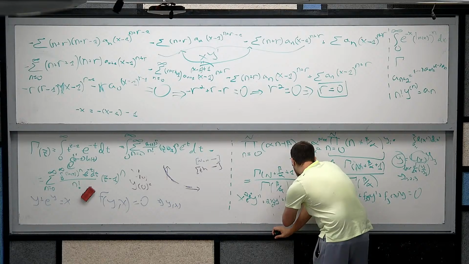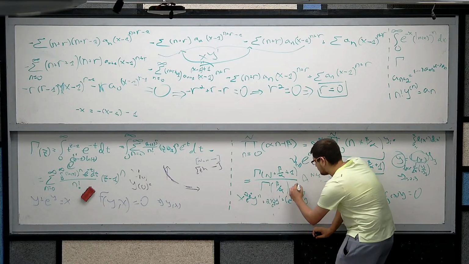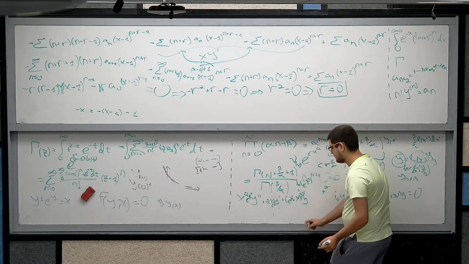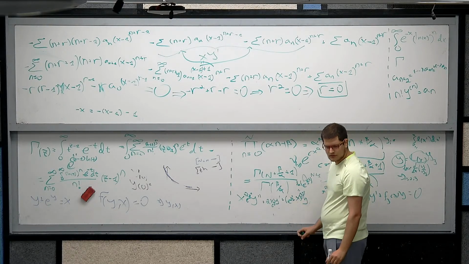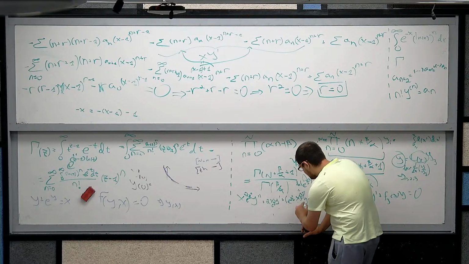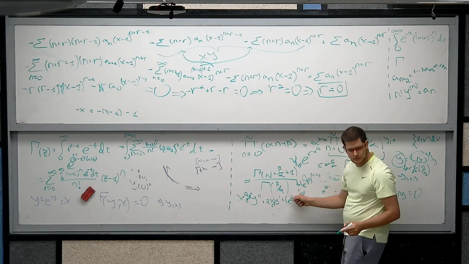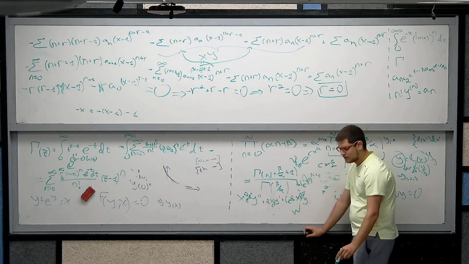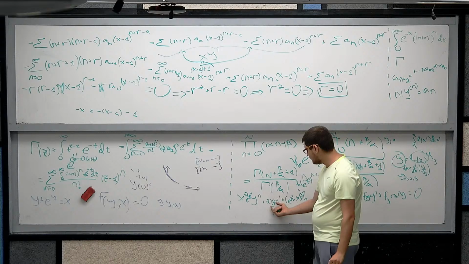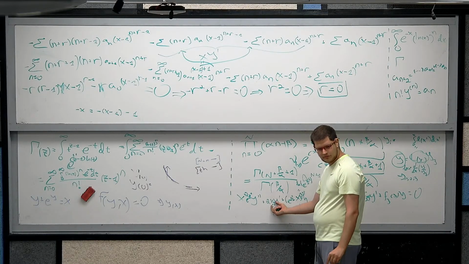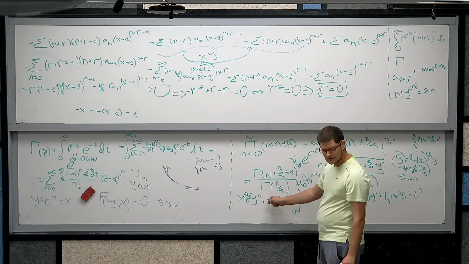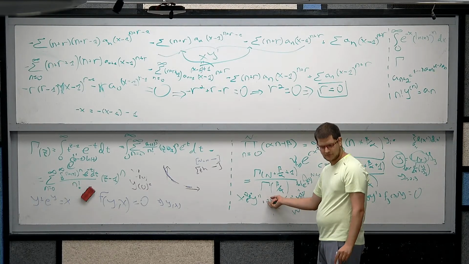That is just the second derivative of e to the x squared over 2 times y. So let's call it w. Okay? And here you will have the derivative of e to the x squared over 2 times x. That is exactly the derivative of that, right?